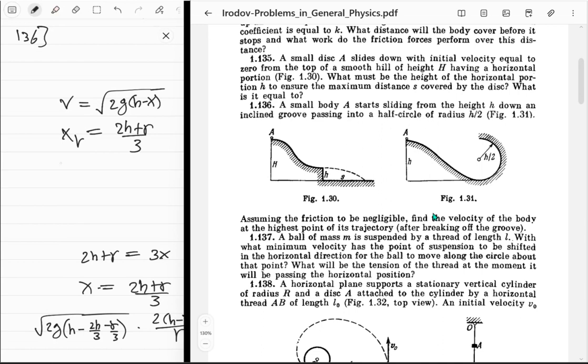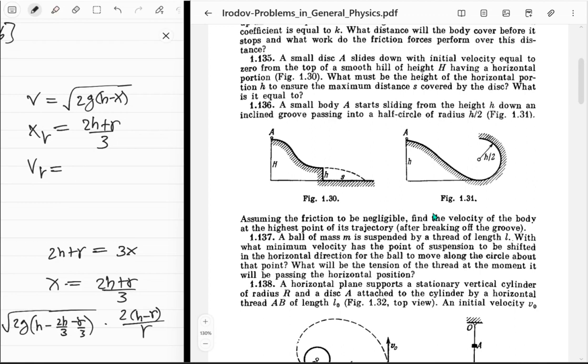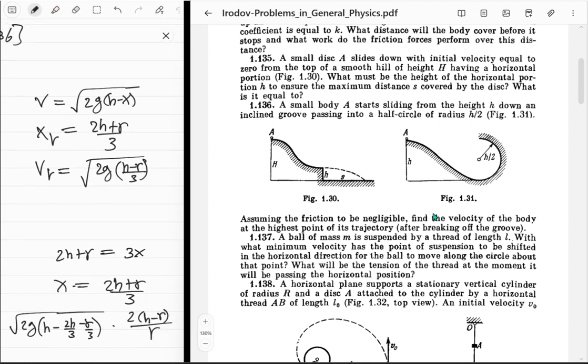And velocity at braking is the square root of... what am I doing? Yeah, this is going to be just h upon 3, so it's (h minus r) upon 3. So 2g into (h minus r) upon 3. That should do it.